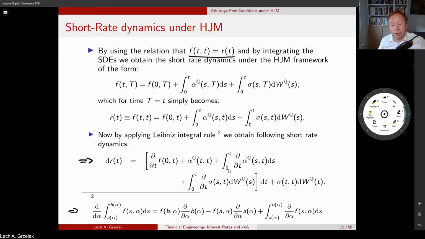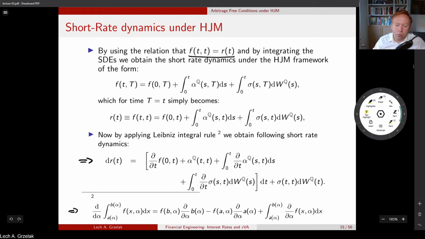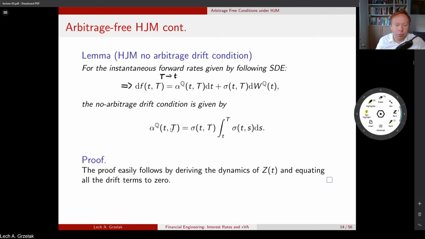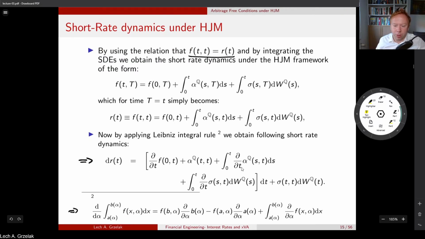Then we have the integral from 0 to t of the derivative of alpha(s,t) ds, which is computed directly by substituting alpha into this expression here. Then we have an integral over the partial derivative of the volatility with respect to the Brownian motion. And then we have one more component, also with Brownian motion here.